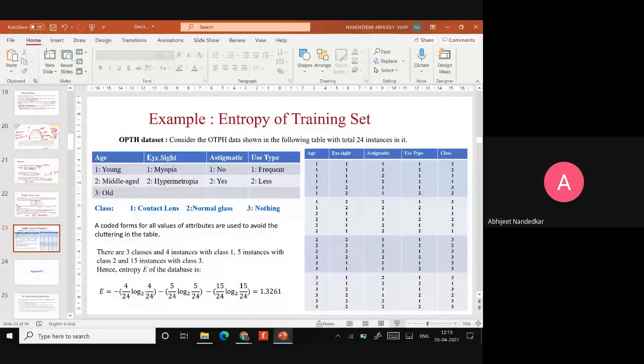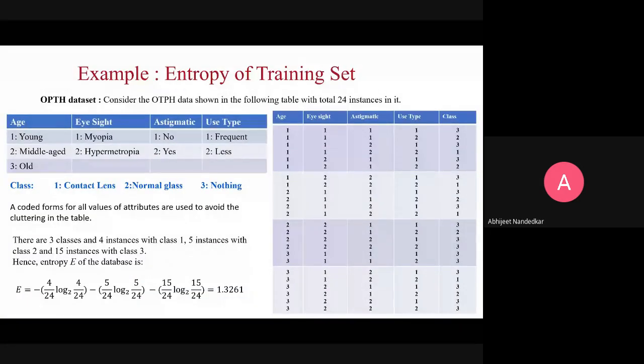This example is a real kind of thing, the ophthalmic data set, and you have 24 instances here, 4 features and 1 outcome, that is the class. The classes, omega 1, omega 2, omega 3, are here. Omega 1 is contact lens, omega 2 is normal glass, omega 3 is nothing.